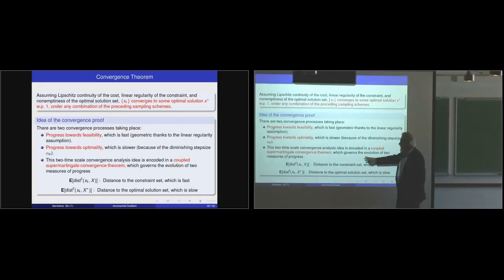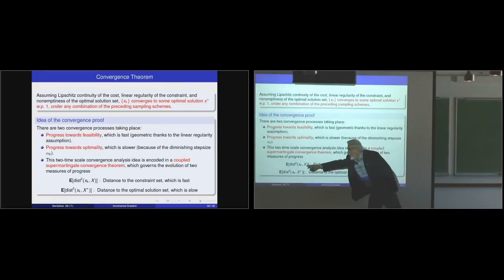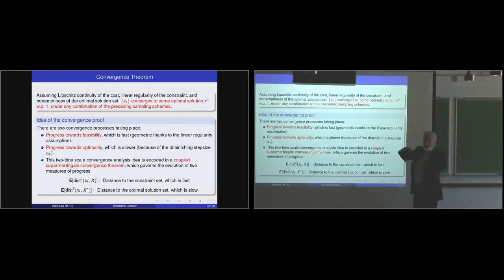Anyway, both of these convergence measures are involved in this theorem: the expected distance of the current iterate x_k to the constraint set, and also the distance to the optimal solution set. These two measures are coupled together in an iterative supermartingale equation, two equations, which give you the result that you want, which is this here.